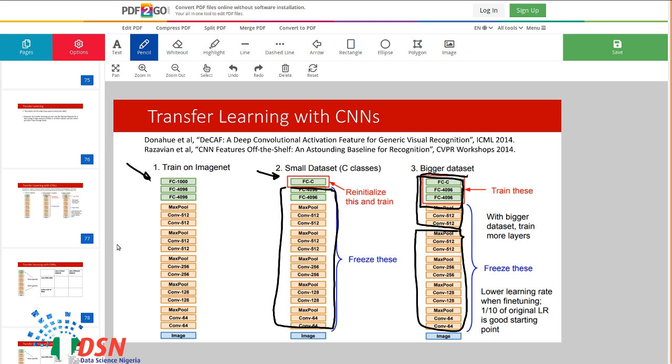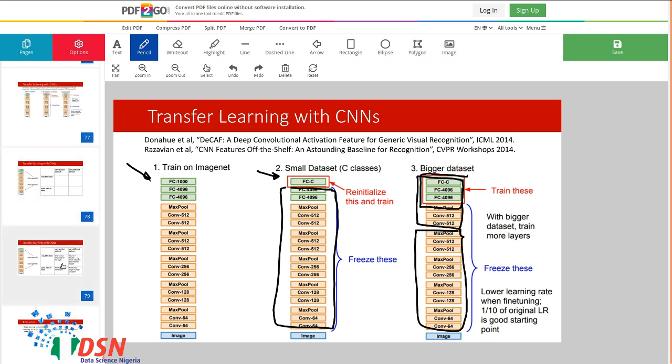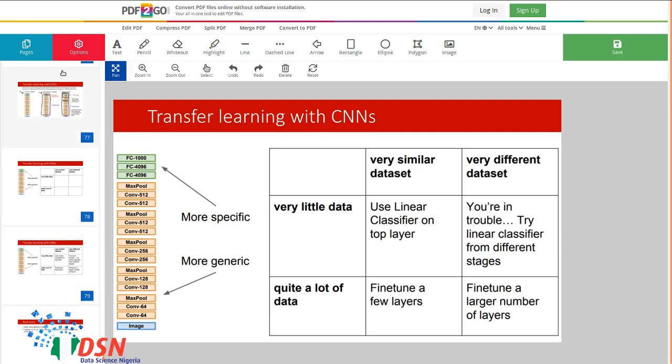We call this transfer learning. Okay, this is a nice table to explain transfer learning. So if you have a similar data set, you could just use the last layer and so on.